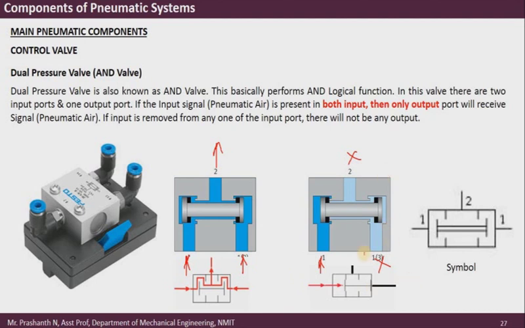So this can be used as a safety mechanism to prevent accidents while operating machines such as a pneumatic press, or for that matter even a hydraulic press. So that is the dual pressure valve.